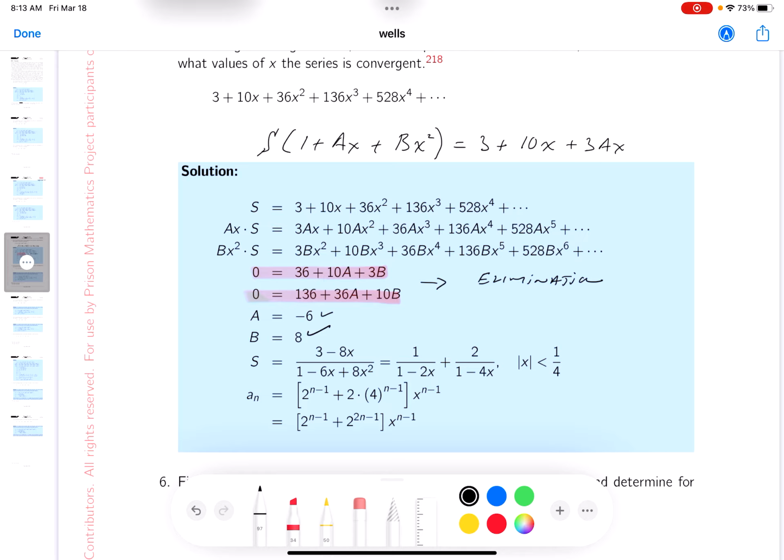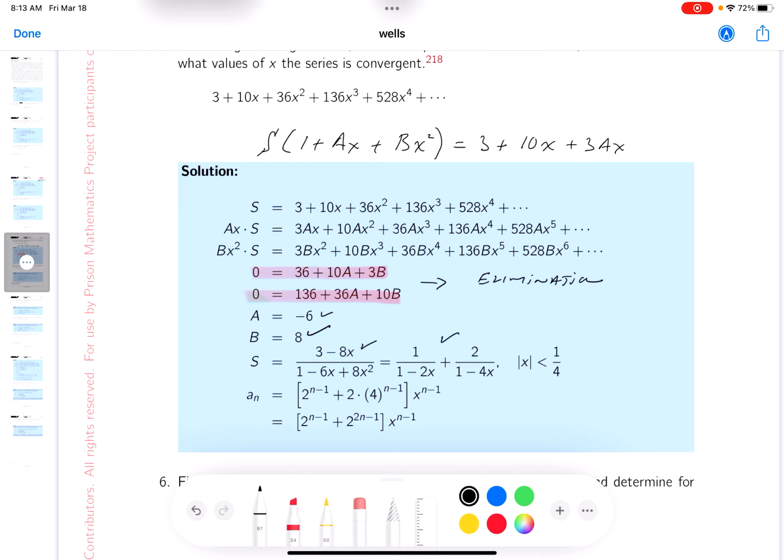And the partial fractions you're going to come up with, I'm hoping you can do that. Maybe I should write that down. You're going to get this over here. Let me go through that with you. If a is minus 6, you're going to get 10 minus 18, which is minus 8x. And the bottom, what do you get? 1 minus 6x, because a is minus 6, and the b is 8x squared.